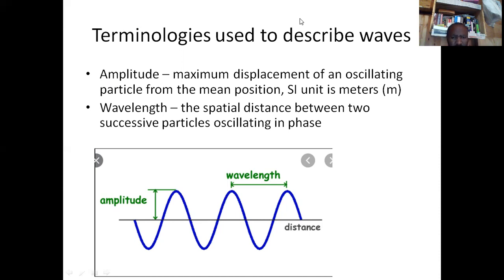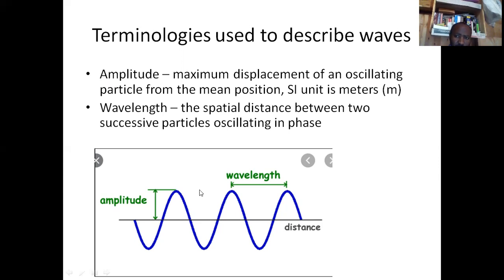You can take any point along that wave pattern, as long as you can trace from one point to the next point that are in phase, then you have a wavelength.